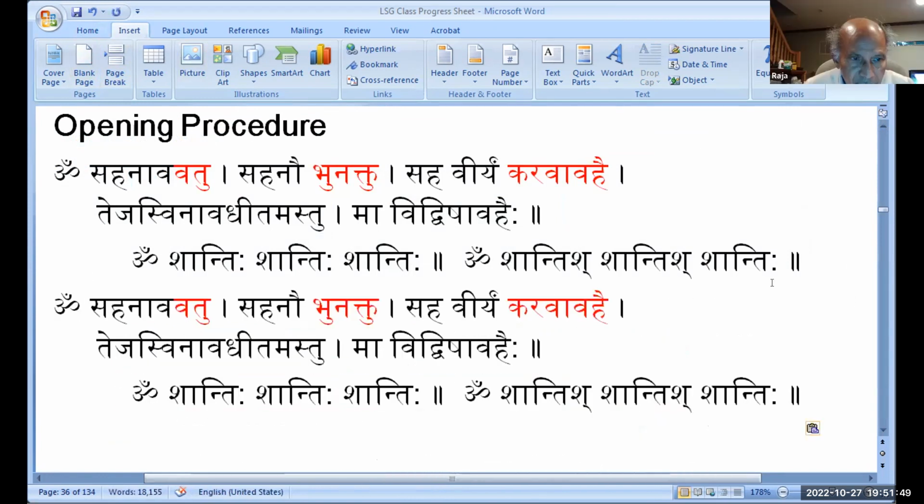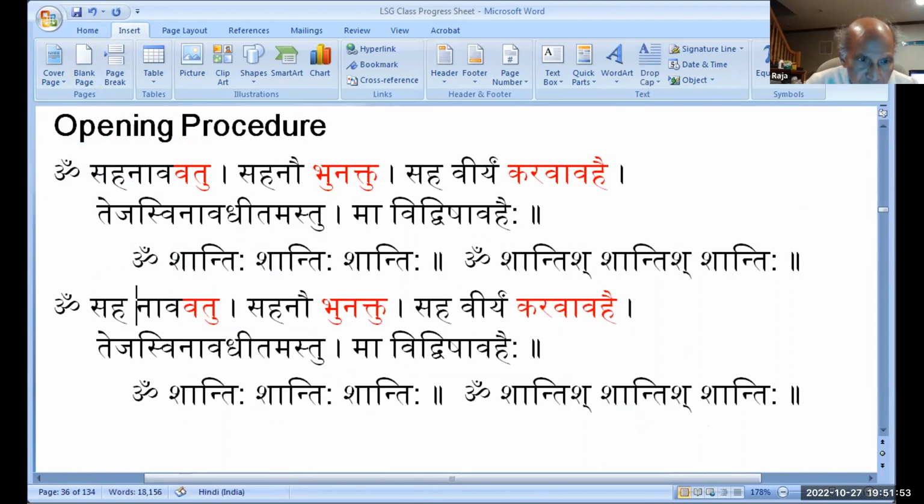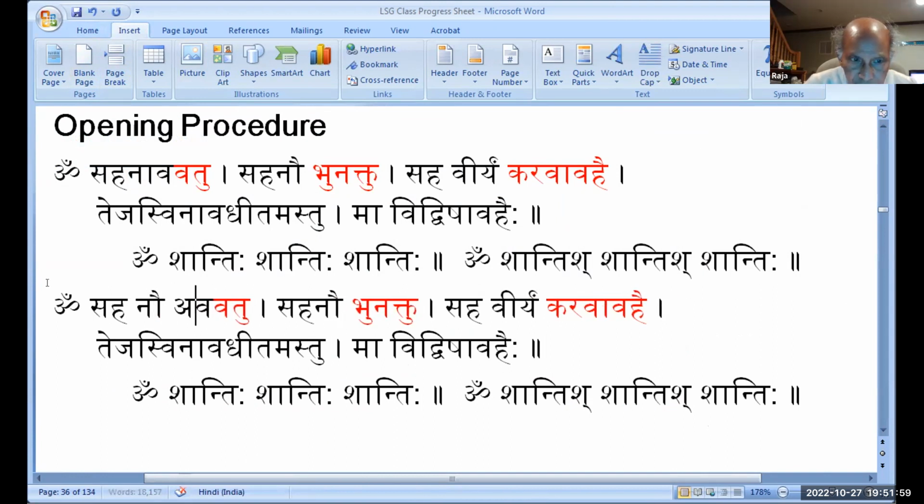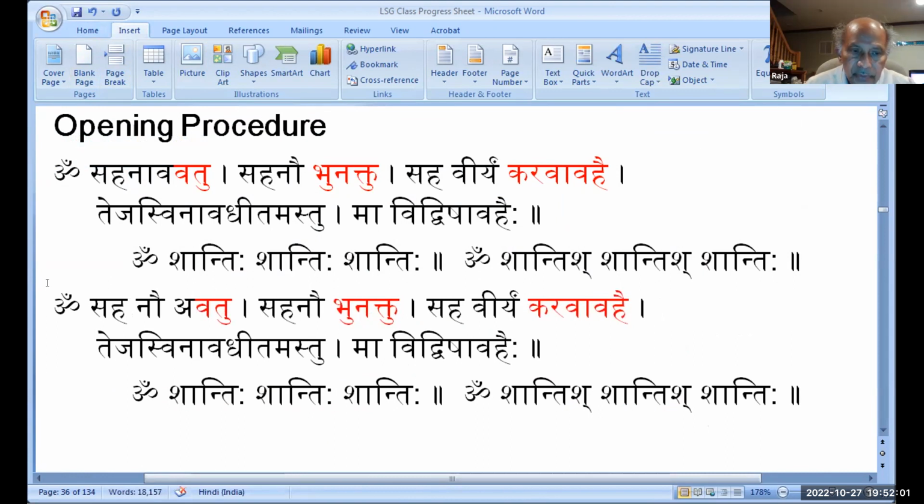Saha, now avatu. Av is to protect, avatu is an order to whoever is going to protect. Saha now avatu. Avatu protect whom?